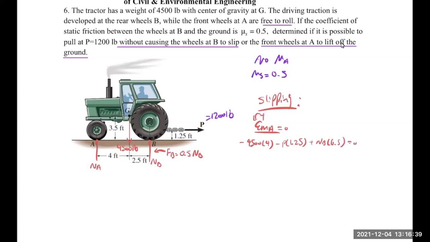Two unknowns right here, so we can't solve yet, because we don't know what P is and we don't know what NB is. So the next thing we can do is move to the summation of forces in the X direction.